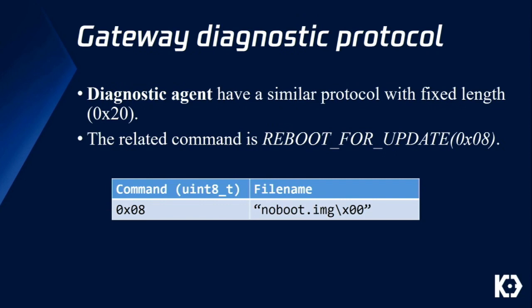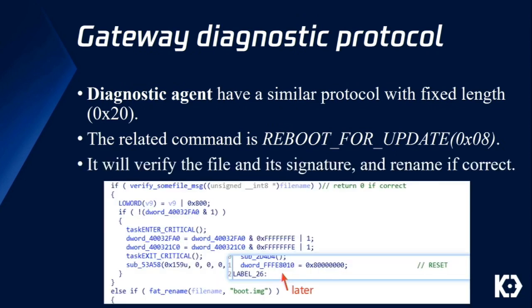It only has one argument, which is the file name. In the related section, it will verify if the file is correct. You can see it here. It verifies some message using the algorithm we previously talked about, and renames the file if the content of this file is correct and signed by Tesla.